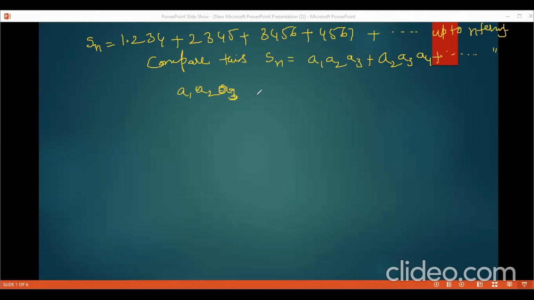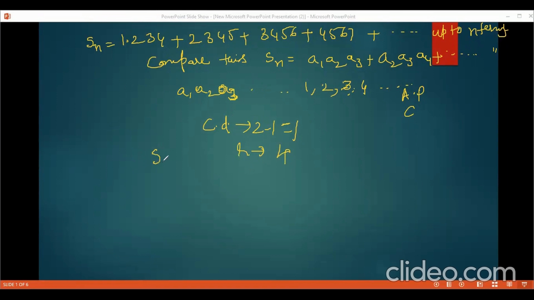A1, A2, A3, and so on are 1, 2, 3, 4. Now, this is also an AP, no? This is AP, and we can easily write the common difference. Common difference is 2 minus 1, which is equal to 1. And what about R here? R is equal to the number of factors in each term, 4. So R is equal to 4.